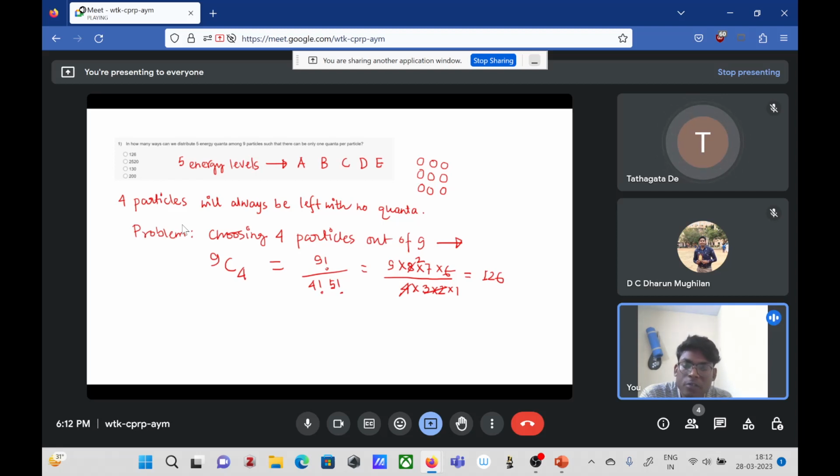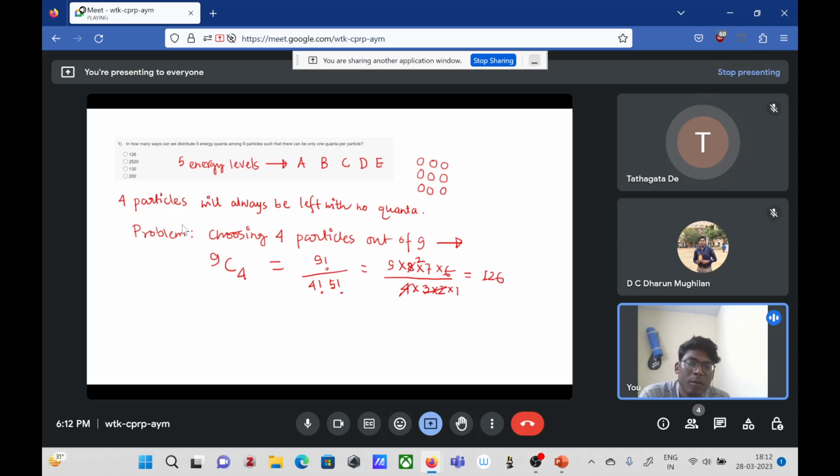As Tathagato just helped me solve this problem, he said that since there are 5 energy quanta and 9 particles, and only one quanta is available per particle, then 4 particles will always be left with no quanta.